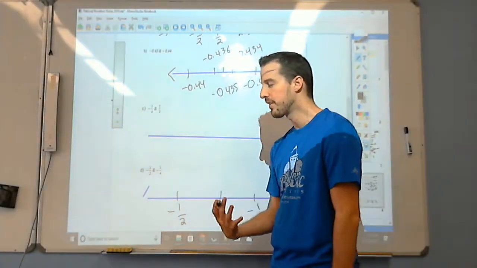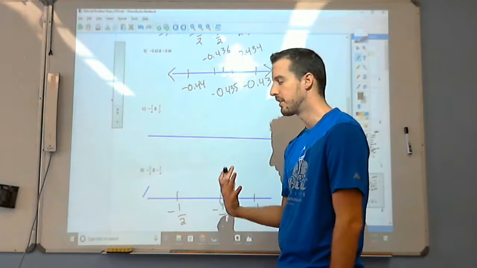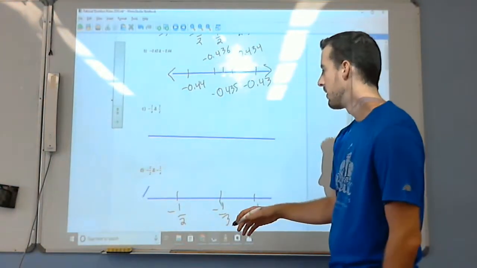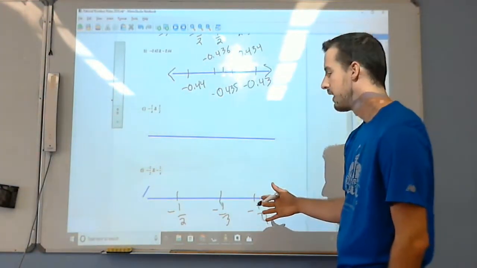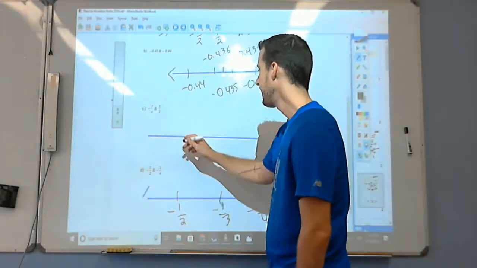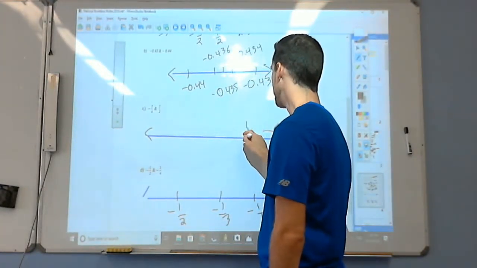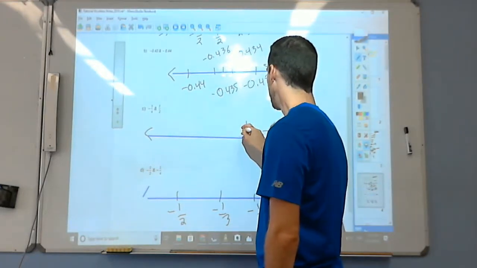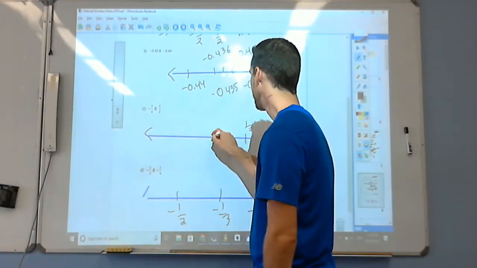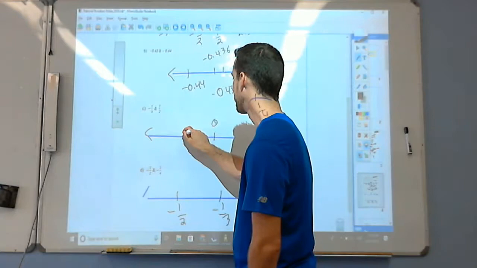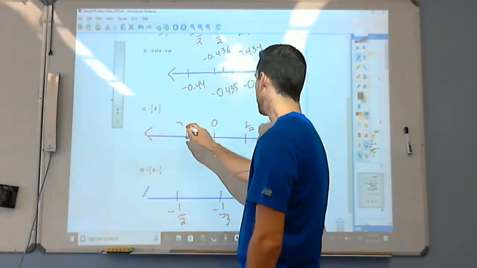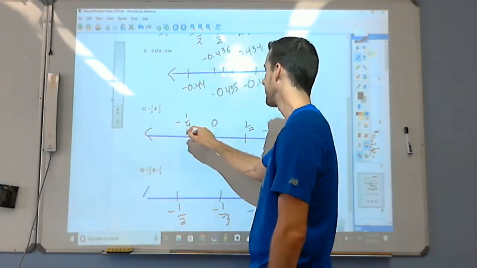You could do some more examples if you wanted. I'm not going to get too fancy here, and go from there, okay? Over here, we had a half, which is positive, 1/2, 0 is somewhere in between here, and then we also had negative 1/4, okay?